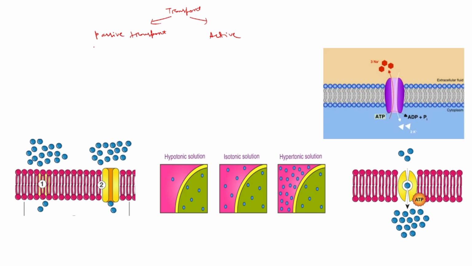So, what is passive transport? Passive transport means any molecule which can transport without use of energy. The active transport transports into the cell or outside the cell by using energy.